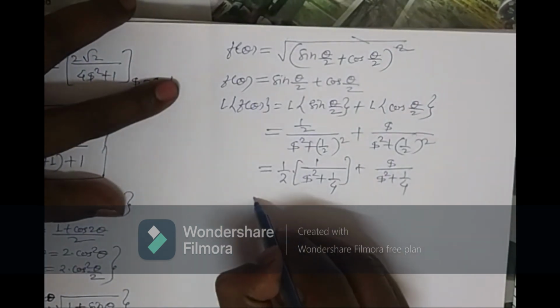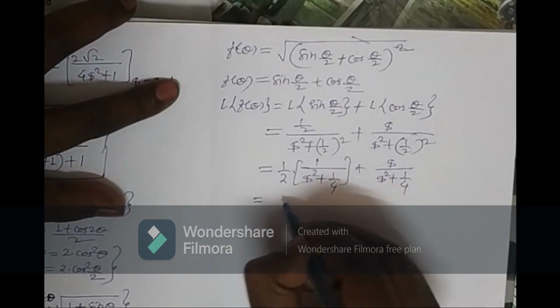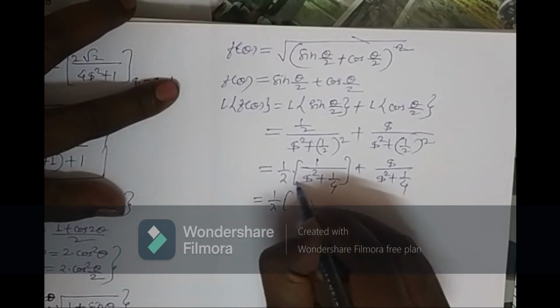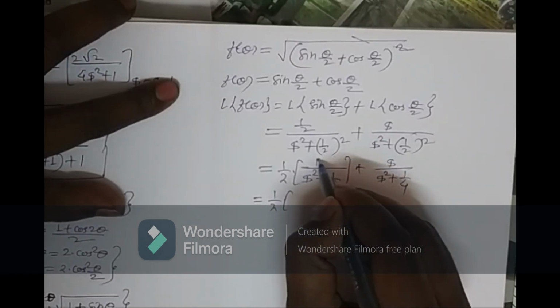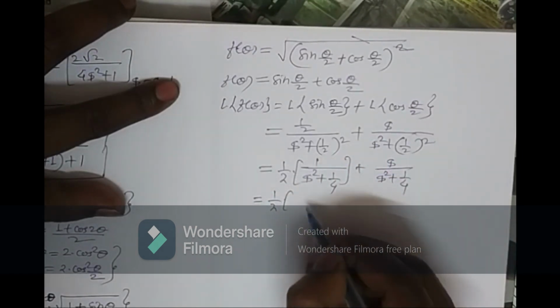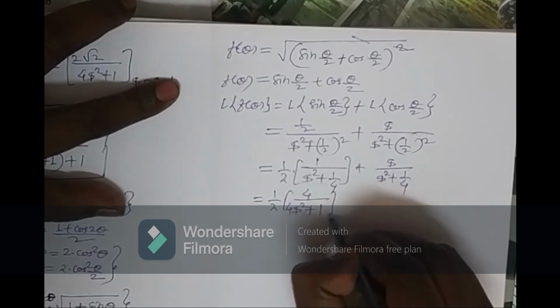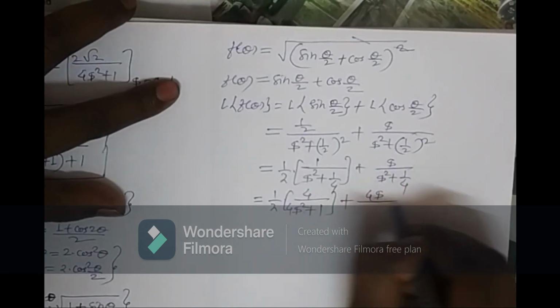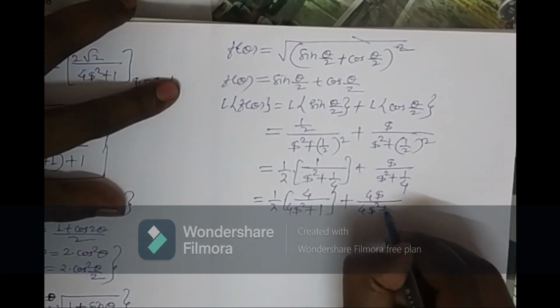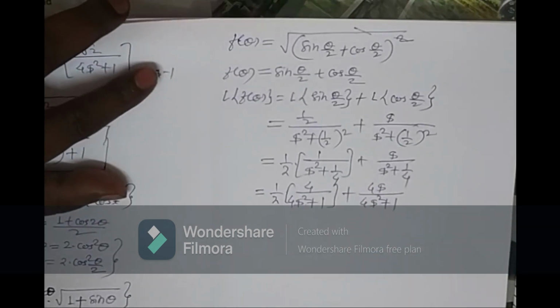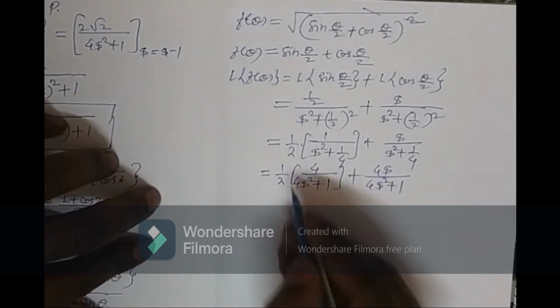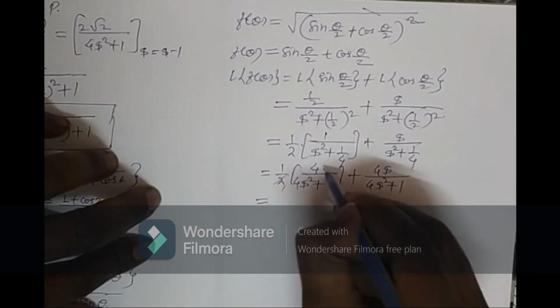If you simplify this further, what do we get? 1 upon 2 in brackets, cross multiplication, and this 4 will be at the numerator, and here also this 4 will be at the numerator. So 4 upon 4s square plus 1, plus 4s upon 4s square plus 1, because I have multiplied by 4. Cross multiply, and that is equal to 2 1s are 2, 2 2s are 4.